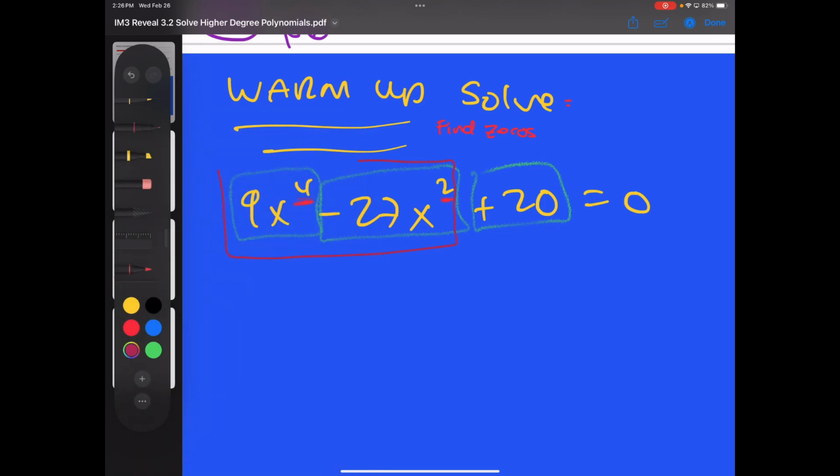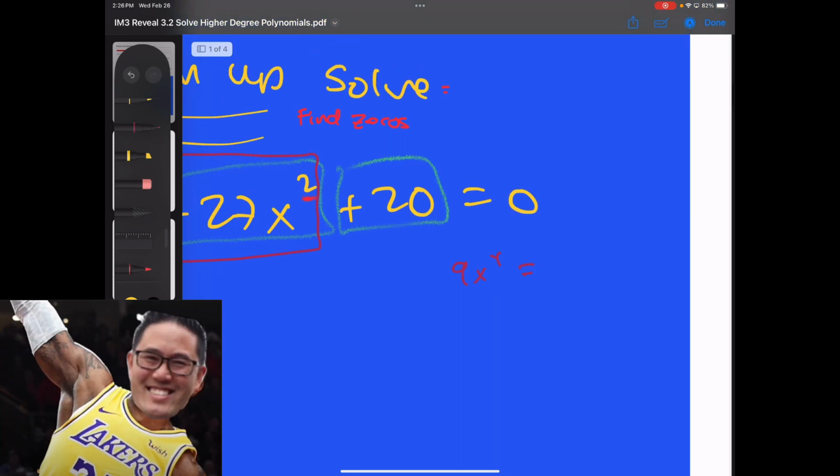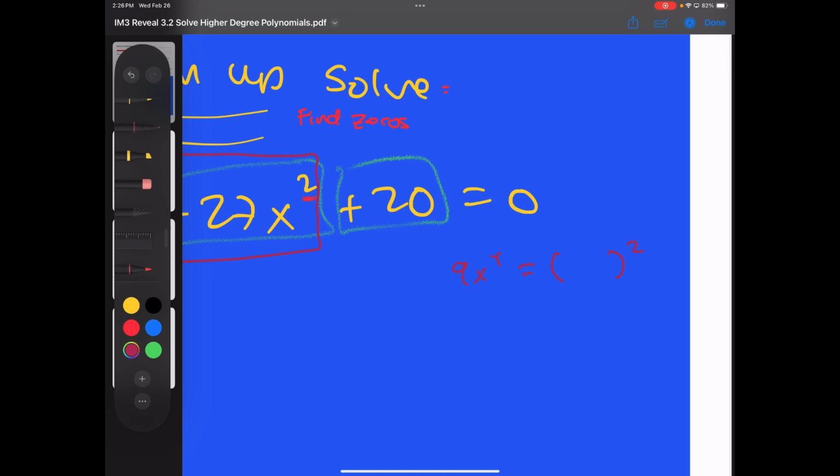Do you remember when these two have something in common? Partner A tell partner B, what goes inside? Ready, set, go. 9x to the 4th is equal to something squared.